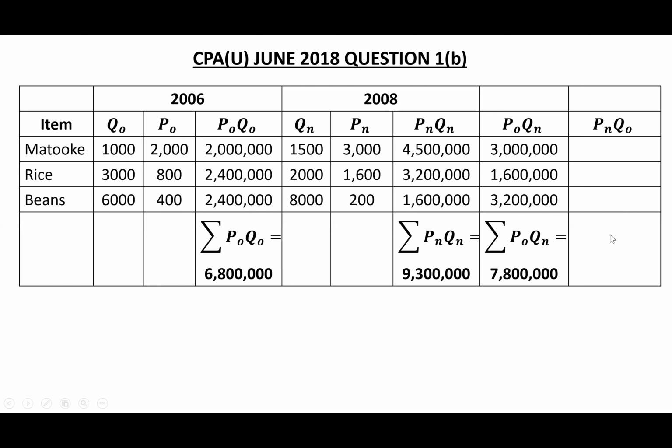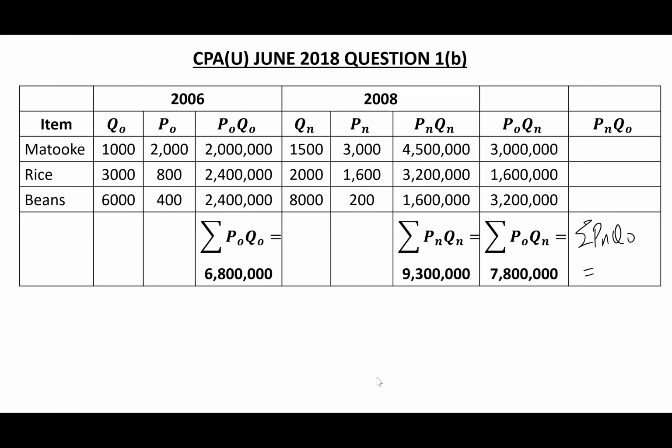Then give me summation PN Q naught. What do we have? All right, we have 9 million.